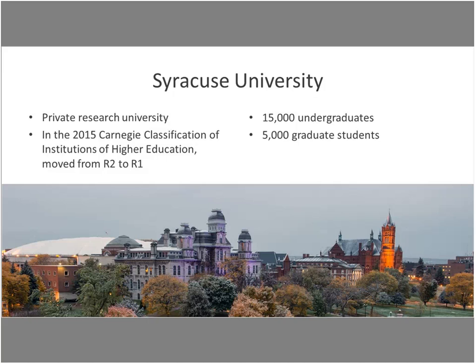So we're a private research university. We're about 2,000 students between graduates and undergraduates. And in 2015, we were moved from an R2 to an R1 Carnegie classification for research universities. So we are right now in a period at our university where we're aggressively building infrastructure that sustains our research goals and our research aspirations.